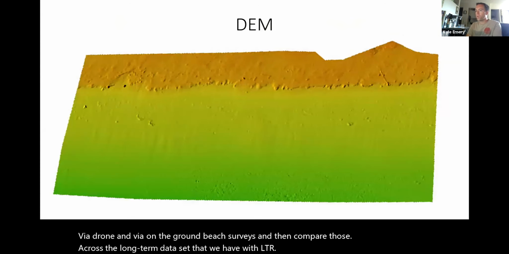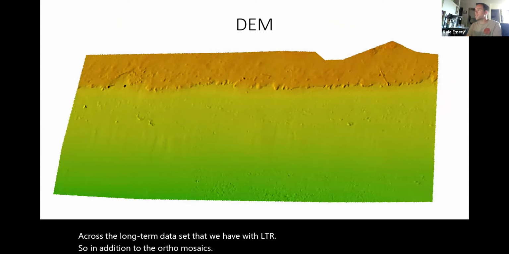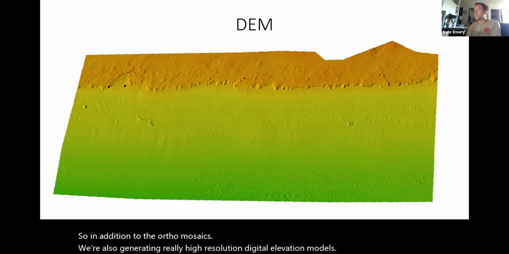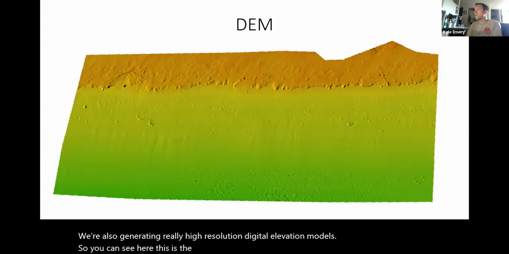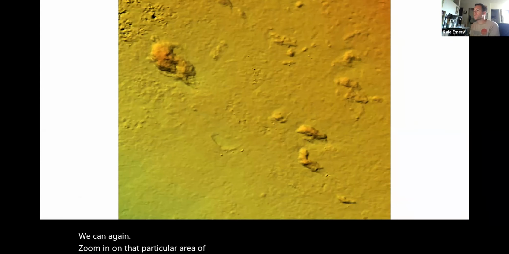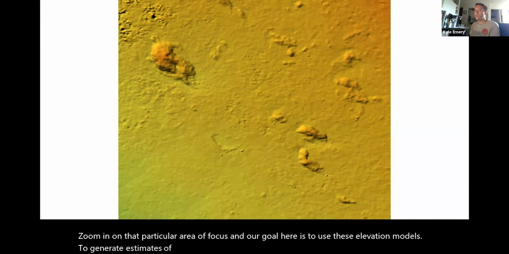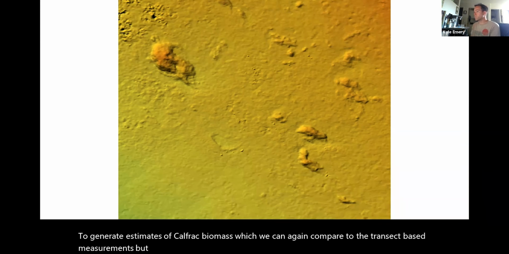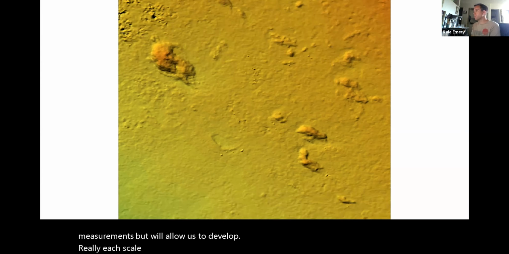So in addition to the orthomosaics, we're also generating really high resolution digital elevation models. So you can see here, this is the same scene. We can again zoom in on that particular area of focus. And our goal here is to use these elevation models to generate estimates of kelp rack biomass, which we can again compare to the transect-based measurements, but will allow us to develop really beach scale estimates of kelp rack inputs.